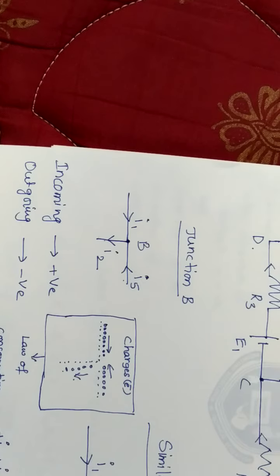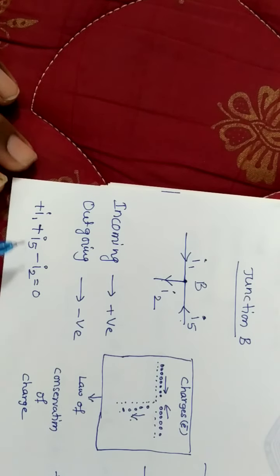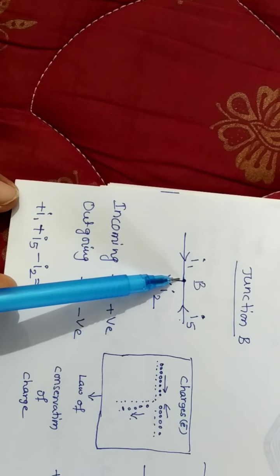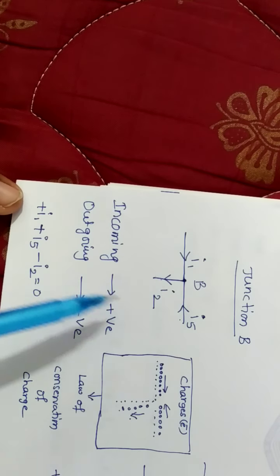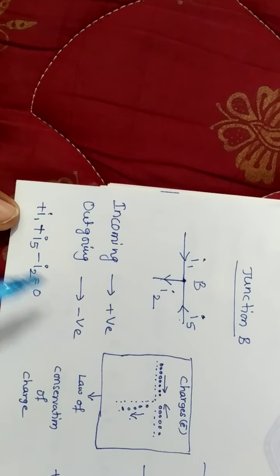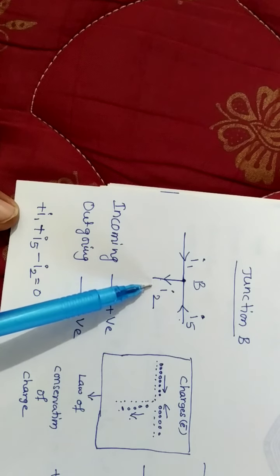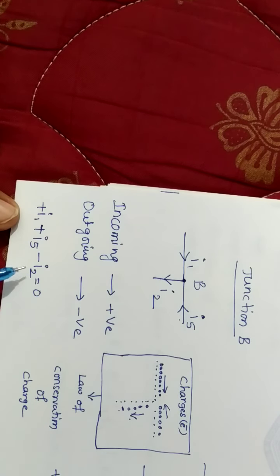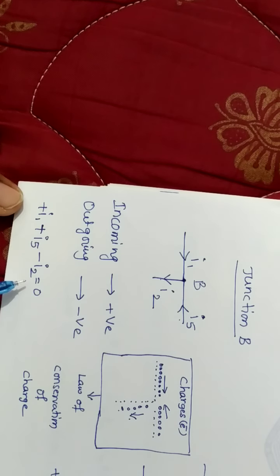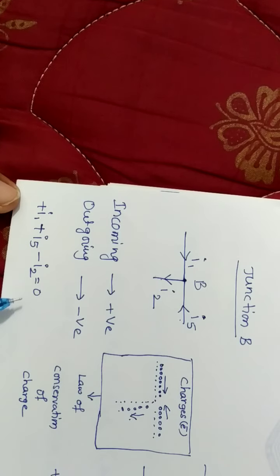Summing up like this with sign conventions: I1 is coming towards the junction, so we take it as positive, and I5 is also coming towards the junction, so positive, but I2 is leaving the junction, so we take it as negative, and the sum of all these equals 0. This is Kirchhoff's current law or junction law: the algebraic sum of all the currents meeting at any junction equals 0.